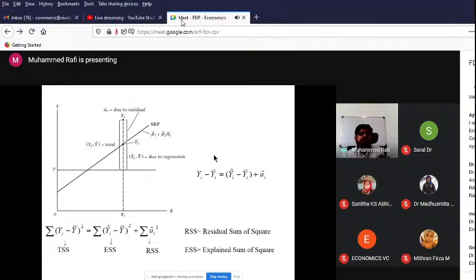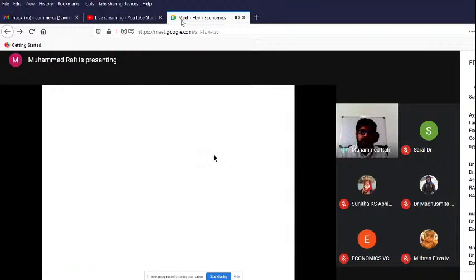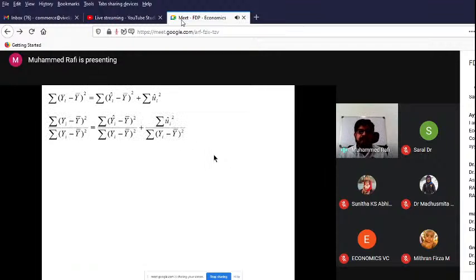So the total sum of square can be split into the explained sum of square and the residual sum of square. So the total variation, if you split it into two, is the variation because of the explained sum of square and because of the residual sum of square.